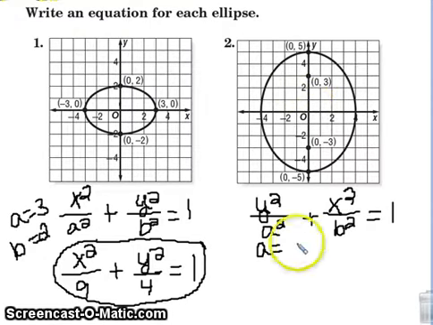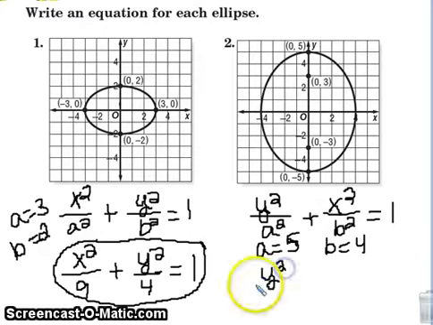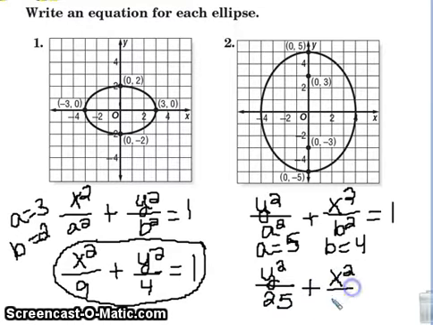It's going to be 5. And then what is my B? And so if we plug in, we're just going to get y squared over 5 squared, which is 25, plus x squared over b squared equals 1.